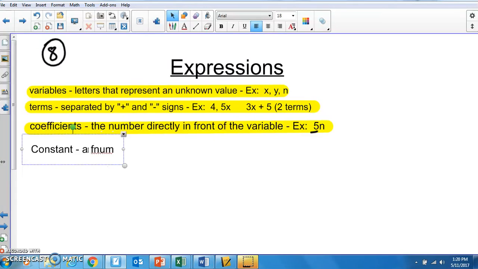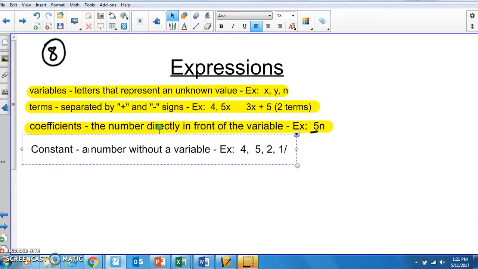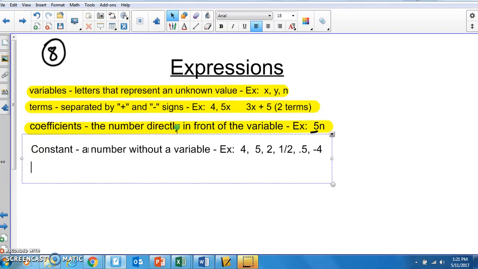A number without a variable. Examples would be 4, 5, 2. Could be a fraction, 1/2. Could be a decimal, 0.5. It could be a negative number. So you get the idea. Constants are just numbers because the value of a number does not change. That means it's constant. All right, I'm going to highlight that in just a minute, but I'm going to go on to the next thing.